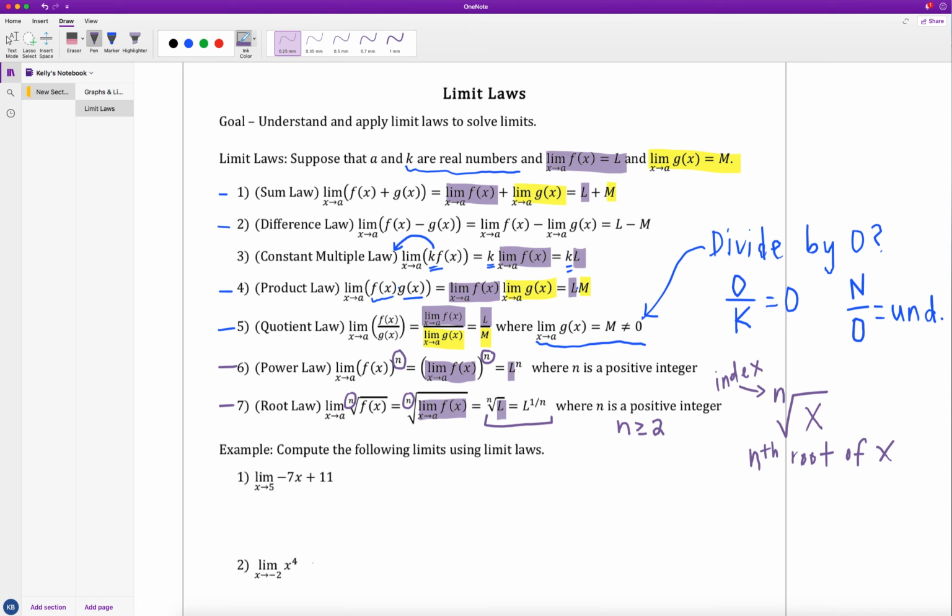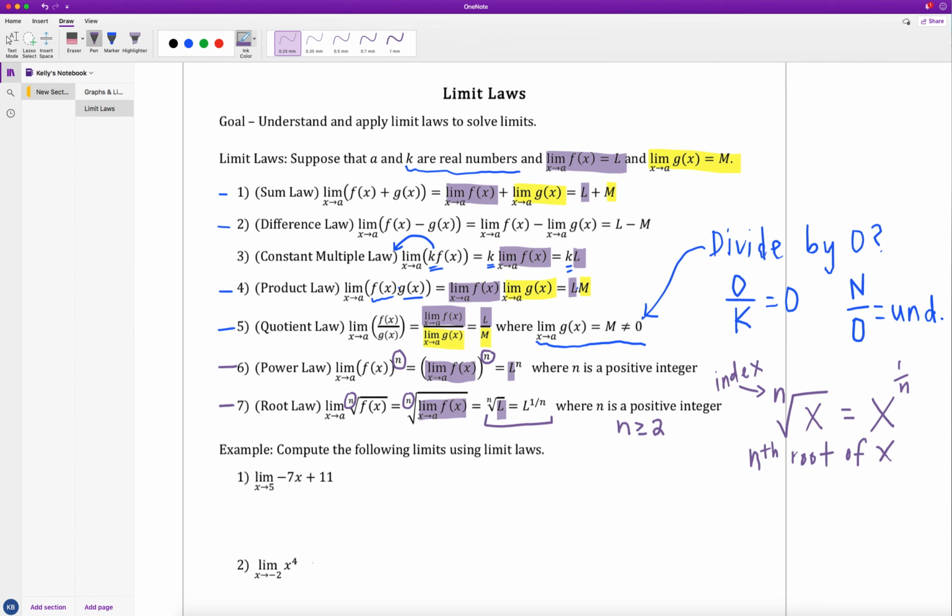Remember, the nth root of anything is the same thing as that piece to the 1 over n power. So in our review section of notes, instead of writing the nth root of x, that would be equal to x to the 1 over n power. So I have my radical form on the left and my exponential form on the right.